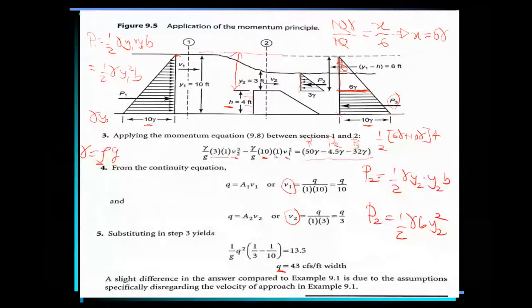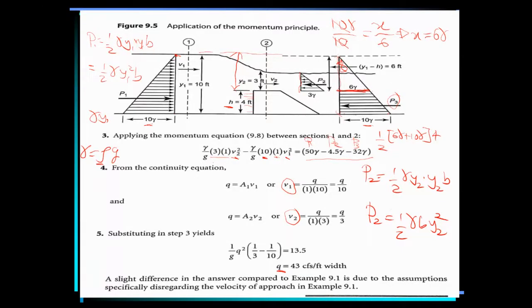The difference is due to the assumptions, specifically disregarding the velocity of approach. In the previous example the velocity of approach was neglected, but in this case we did not neglect anything. The momentum equation does not involve the velocity head; we involve the approach velocity in this case, which was neglected in the previous computation.